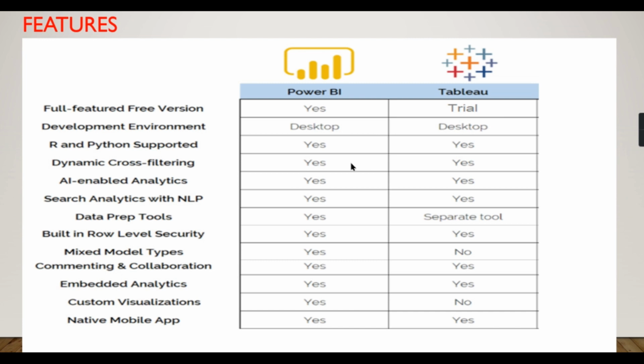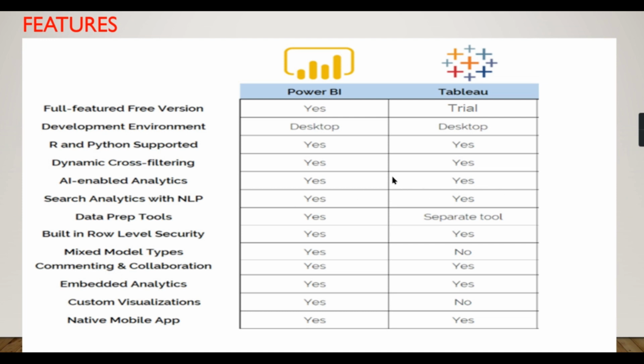Both tools support R and Python as well as cross filtering, as you guys know. You want to filter one particular chart, then that will filter the others. Those kinds of functionalities are available in both tools.